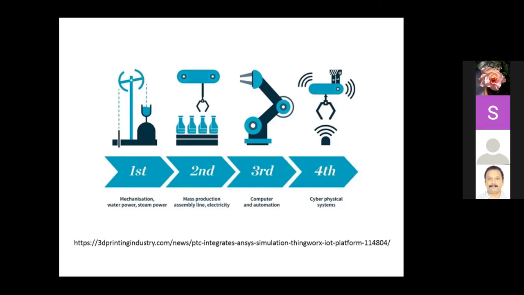The man to machine to man connectivity was missing till the third industrial revolution. The fourth industrial revolution came with a big bang of offering this connectivity. Now man is connected with machine, machine is connected with man, and machine is connected with machine. This was the missing thing, and maybe these technologies are filling that gap.